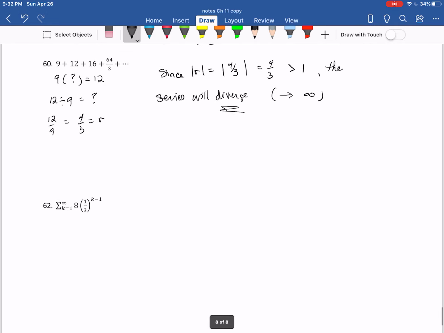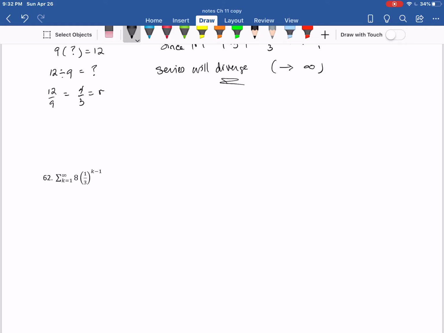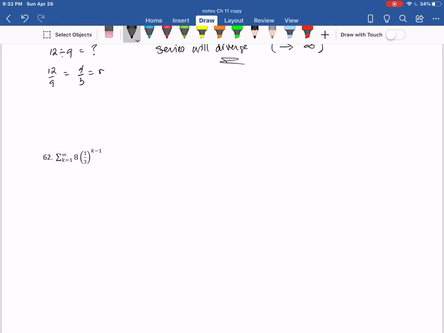How about 62? Same directions, given to you in a slightly different format, in a summation format. Let's just go ahead and write out a few of these terms. All right, so the first term is 8 times 1/3 to the 1 minus 1. The second term would be 8 times 1/3 to the 2 minus 1. The next term would be 8 times 1/3 to the 3 minus 1. I think you see what's going on here. 4 minus 1. I think we can stop there.